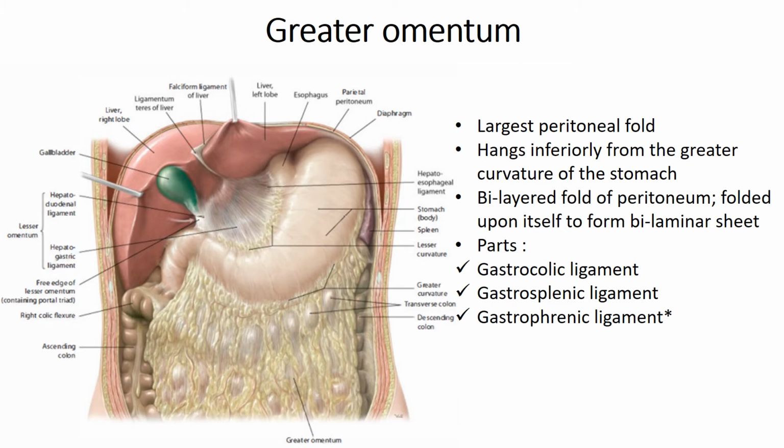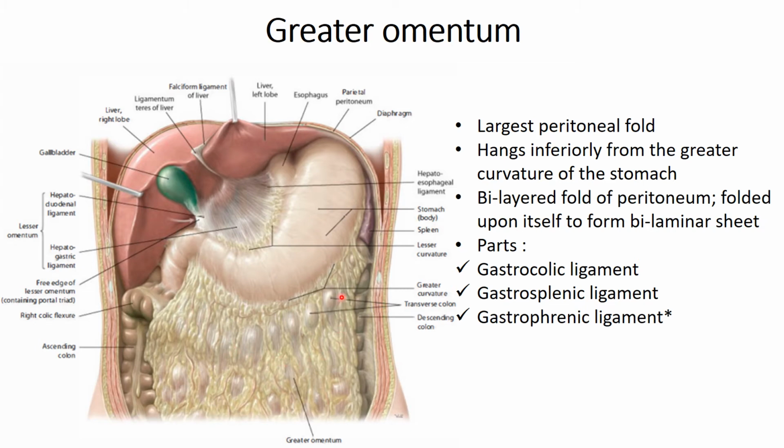Now as soon as the abdomen is opened, this largest peritoneal fold hanging from the greater curvature of the stomach is seen. It hangs inferiorly from the greater curvature of the stomach, and it wraps the upper abdominal organs, especially the coils of the small intestine.